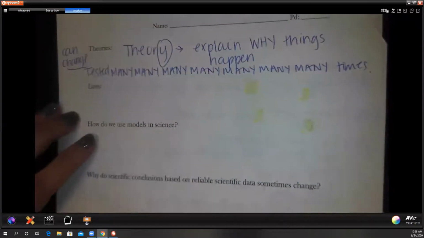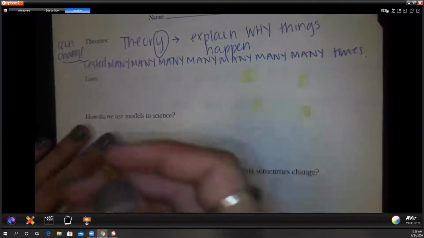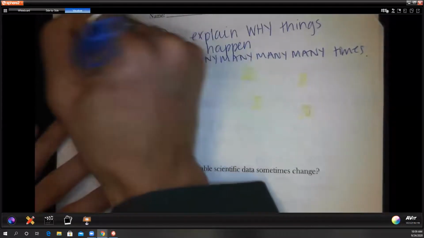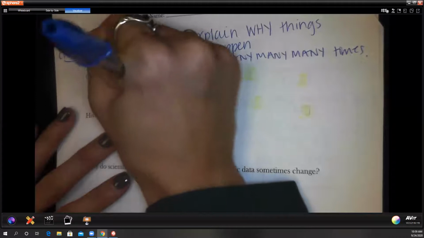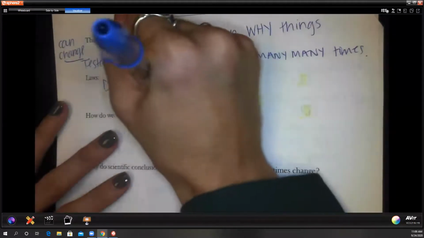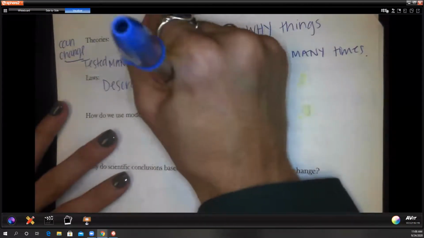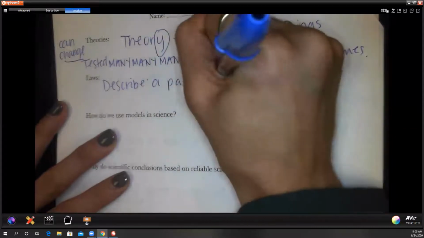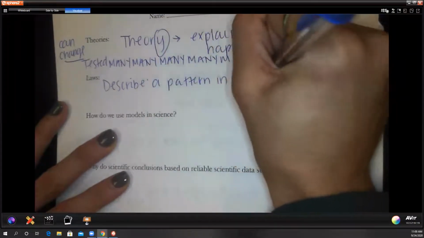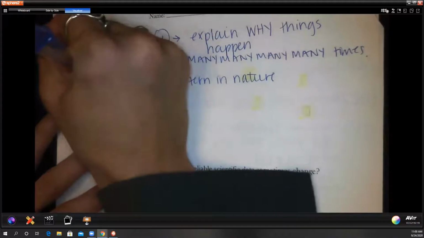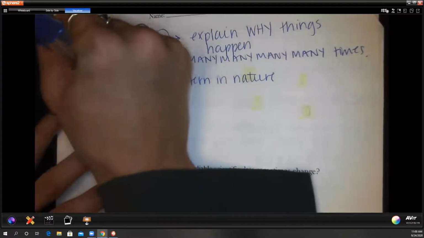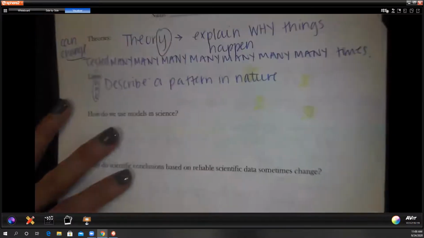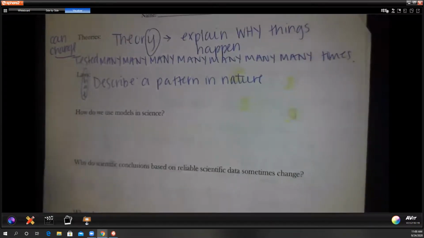Theories can change. Laws, on the other hand, describe a pattern in nature. Remember we said the W stands for what? It describes what happens. We talked about how we use drinking and driving as an example.